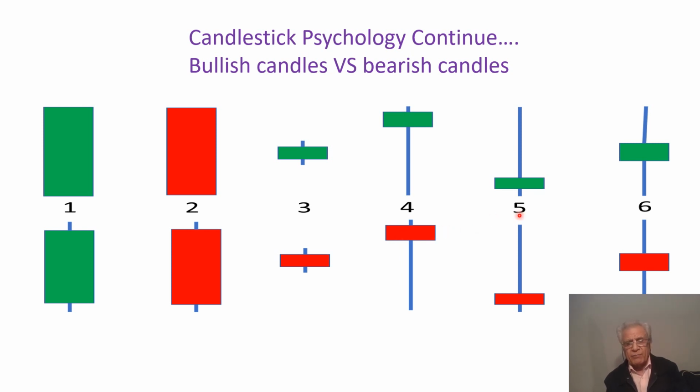Number five, bullish and bearish candles with a long upper shadow and a very small lower shadow.